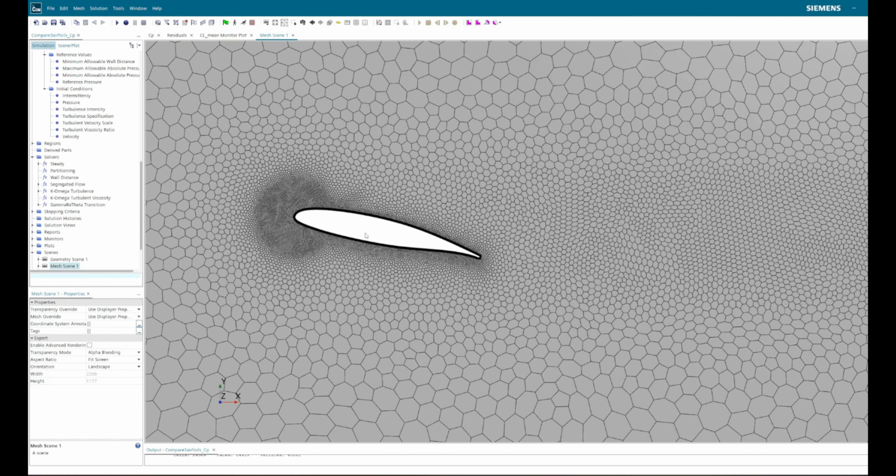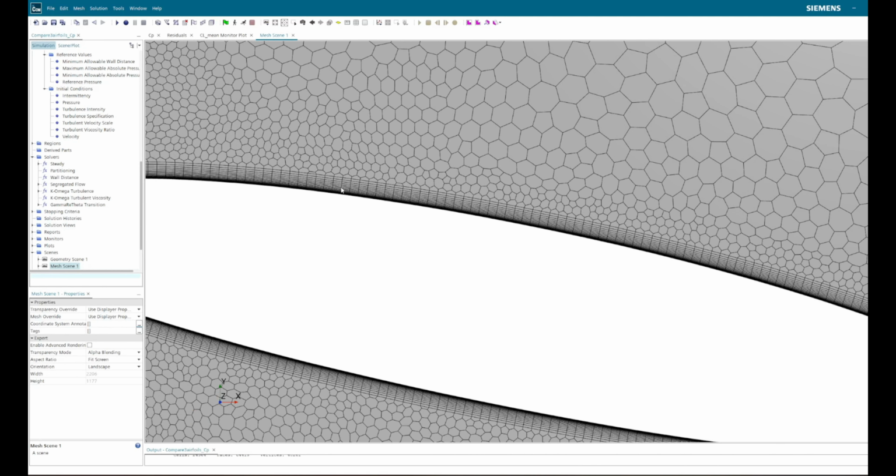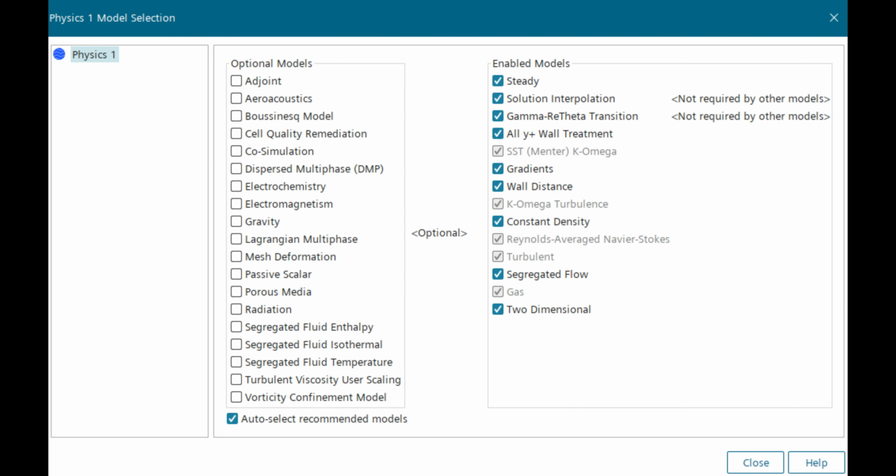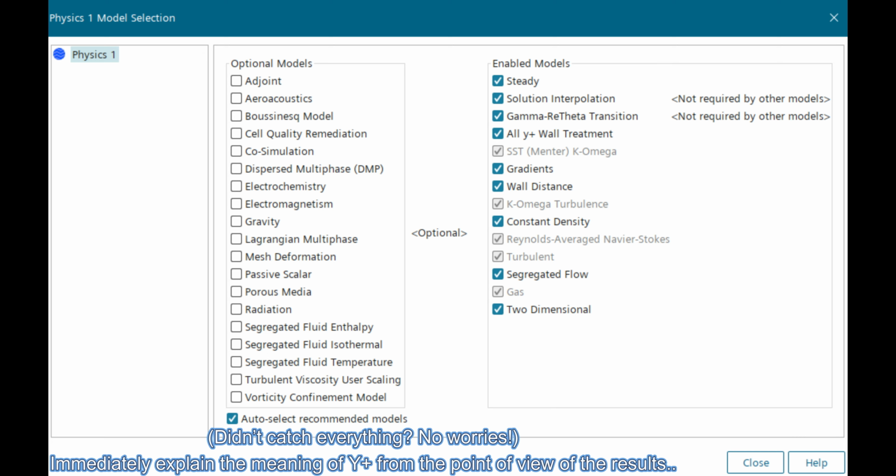Validation of the turbulence model and mesh setup. I used the wall Y plus value to verify the accuracy of my turbulence model. The simulation environment uses a SST-K omega hybrid turbulence model combined with the gamma R E theta transition prediction method.